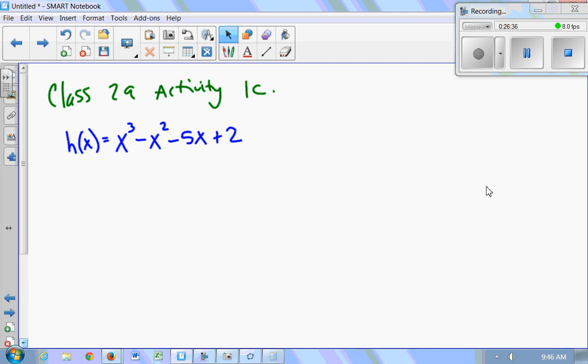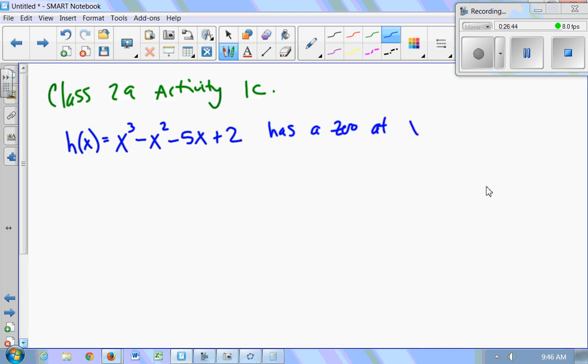All right, so we have a 0 at x equals -2, right? Which means it has a factor of x plus 2.